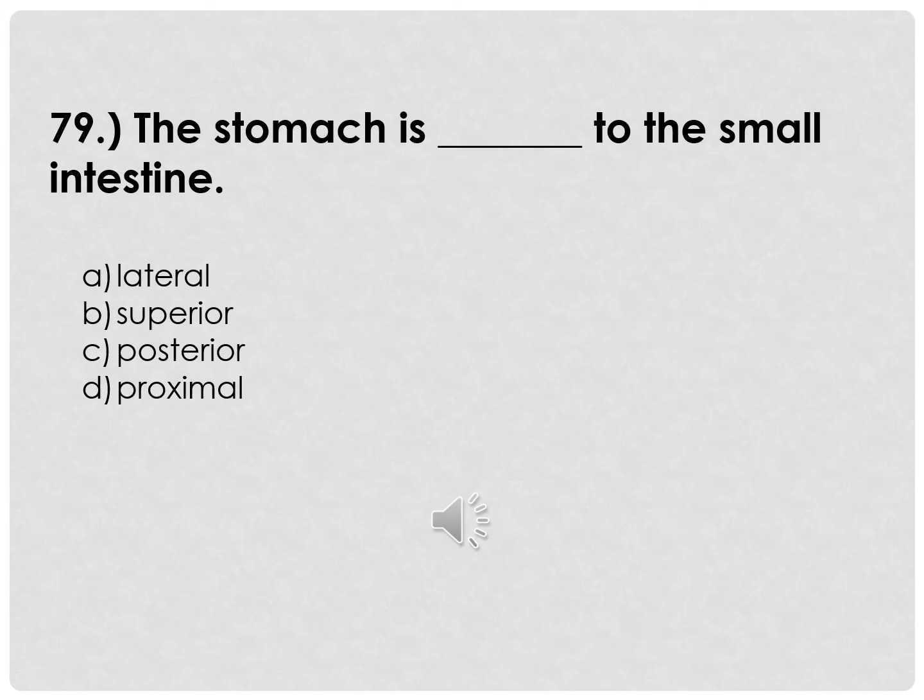Letter C, posterior. Posterior means behind, so that's also not the correct answer. And letter D, proximal. Proximal means closer to the point of origin, so that's also not the correct answer. The correct answer in this case is B, superior, which means above. The stomach is superior to the small intestine.